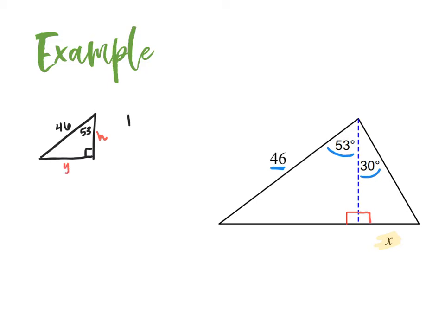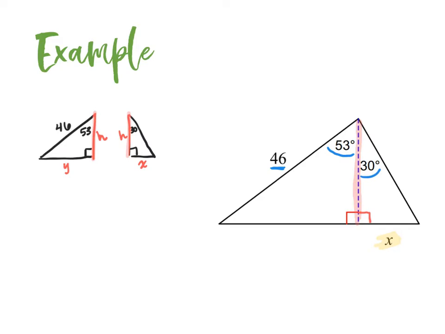In the other, smaller triangle, I have 30 degrees and x, and this will also be h. So when I find h over here, I will also be finding h for this triangle, because they actually share that side on this original figure.